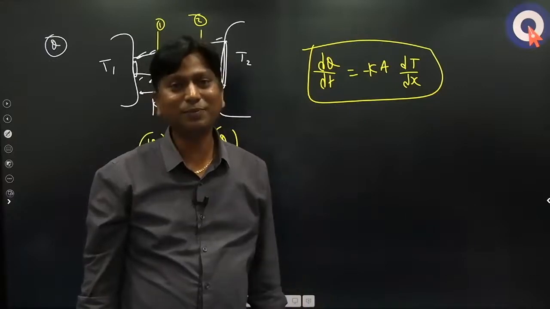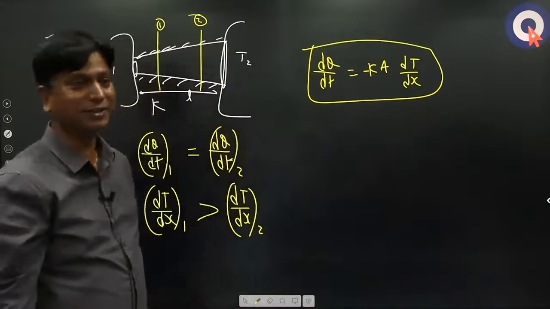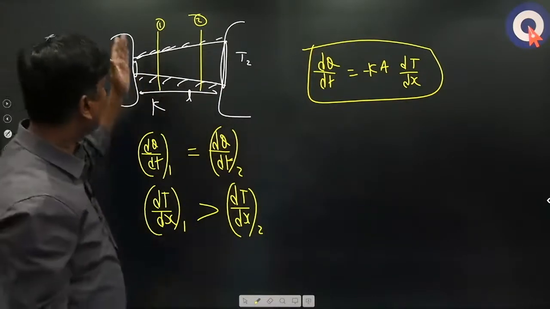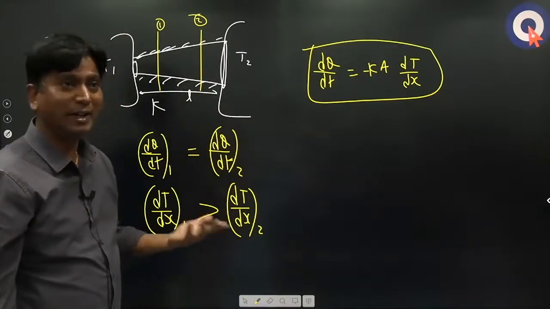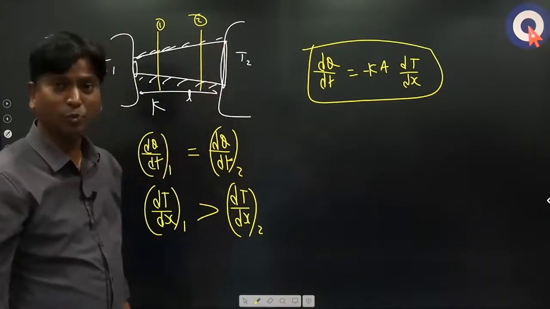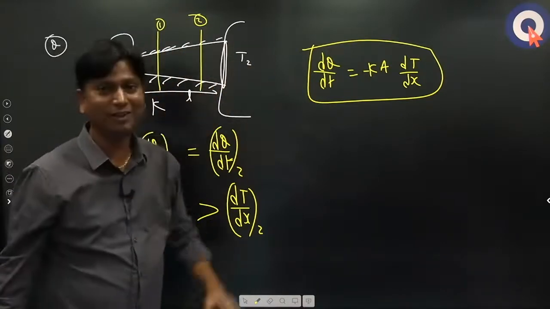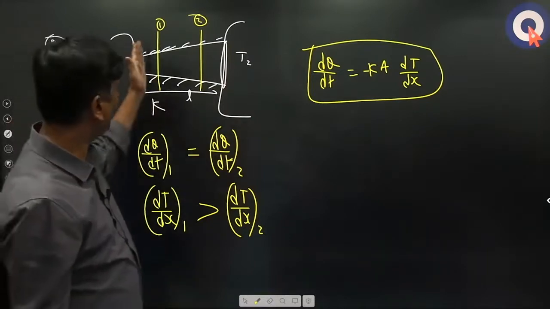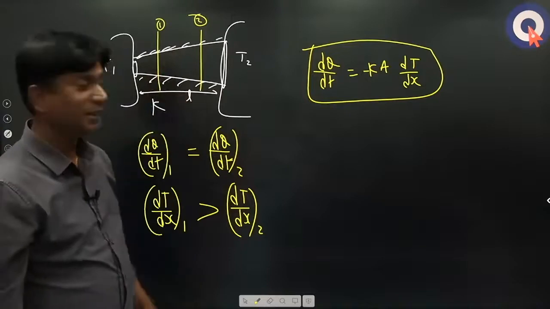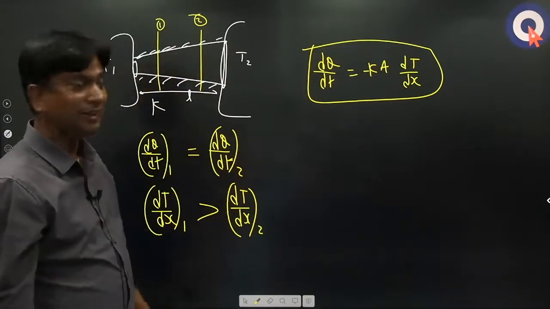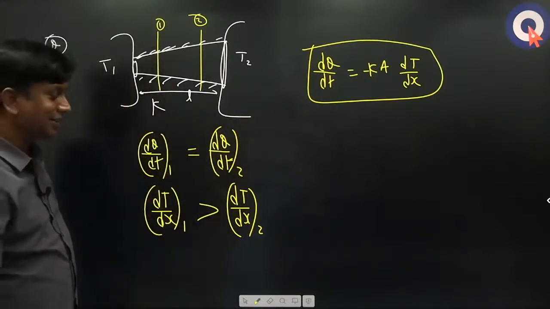In current electricity, the current is the same through both sections. In fluid mechanics, when you take this as a pipe with water flowing, the volume of water crossing here and here is the same, because water cannot be accumulated. Same thing, heat cannot be accumulated, and charges cannot be accumulated. It is like a steady state.